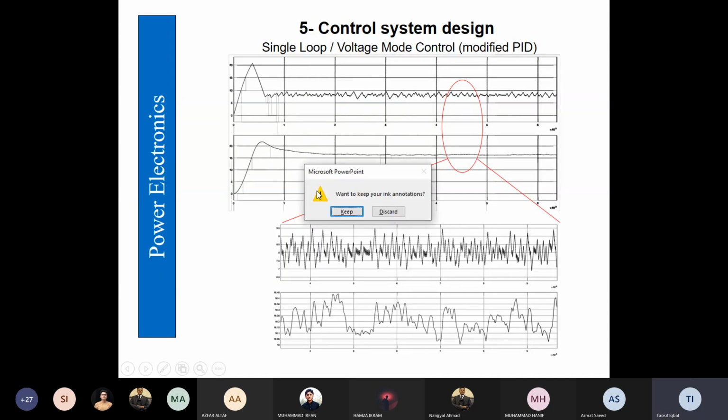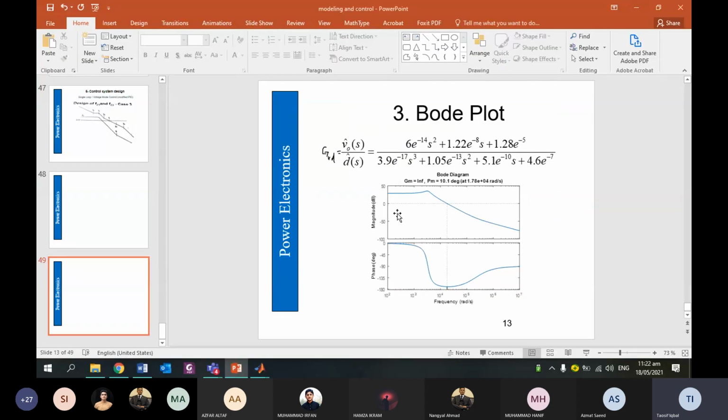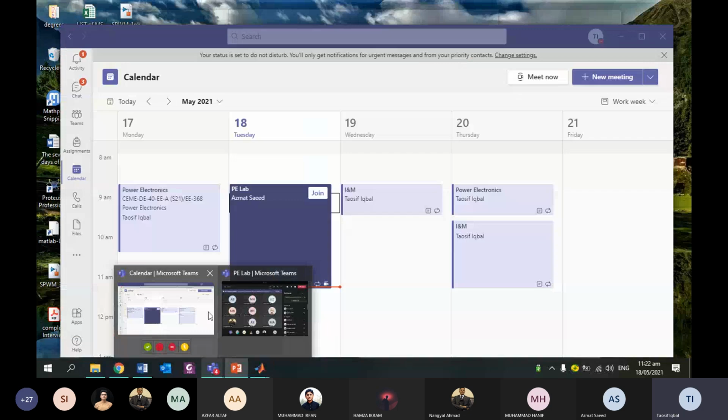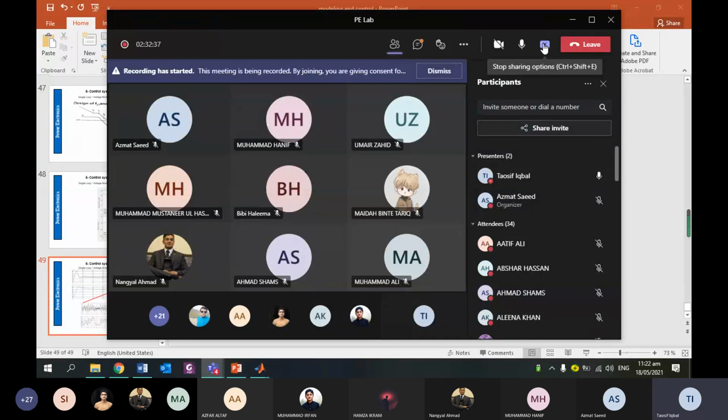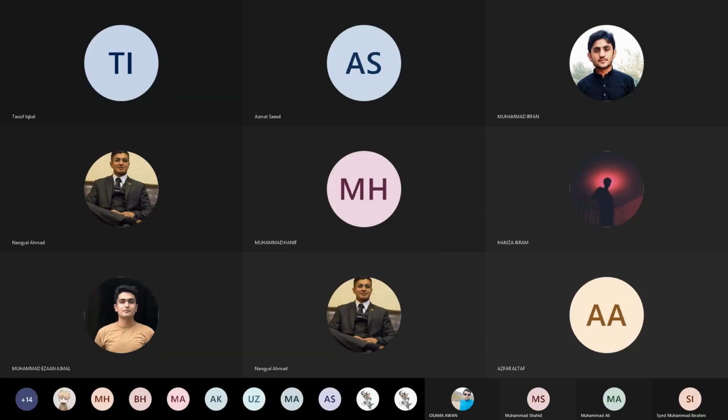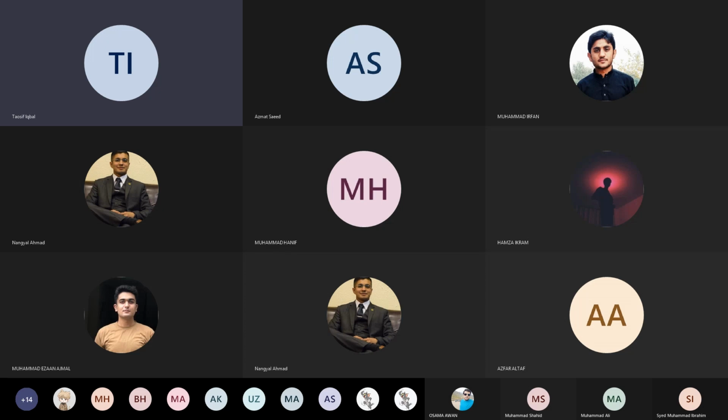The final step is to find the values of R's and C's. It's basically another file, let me find that out.